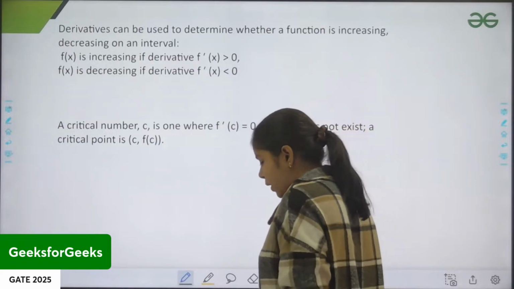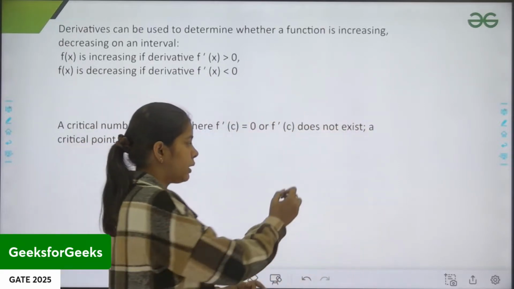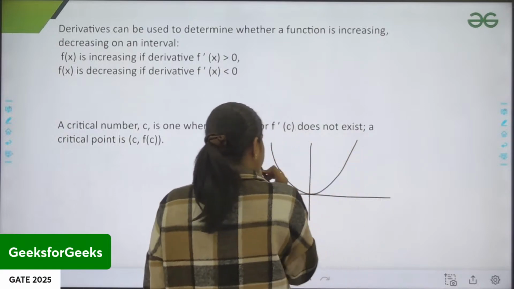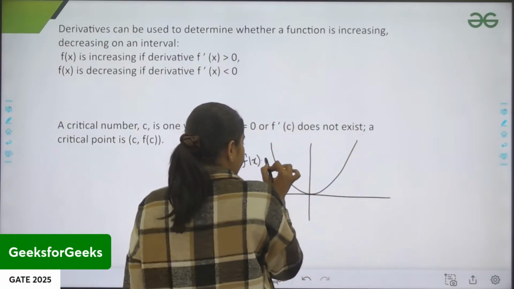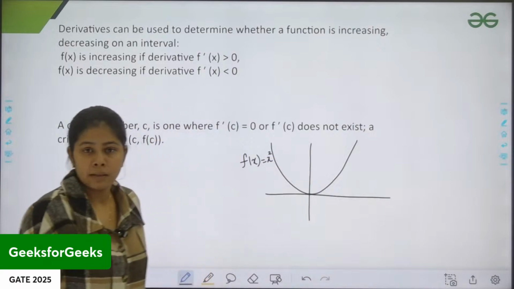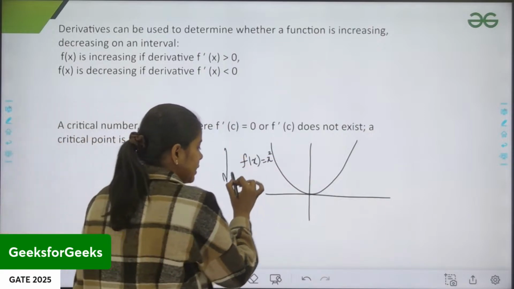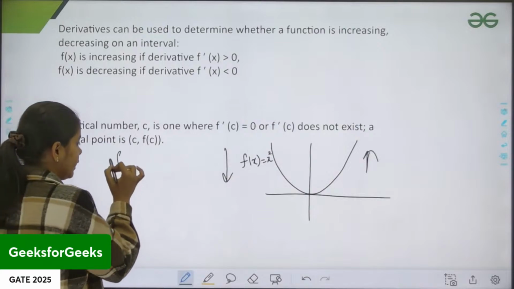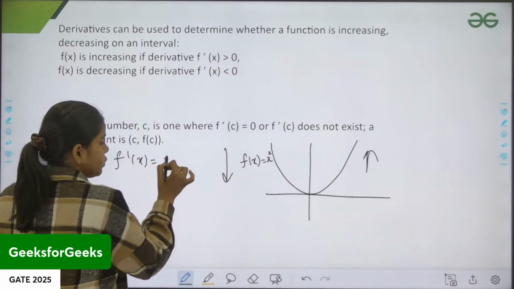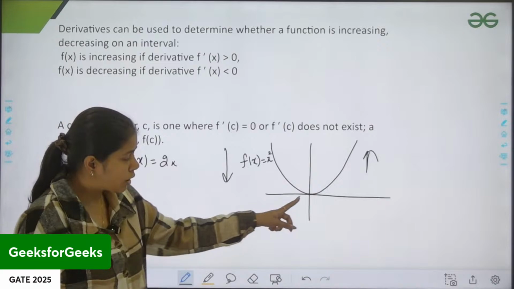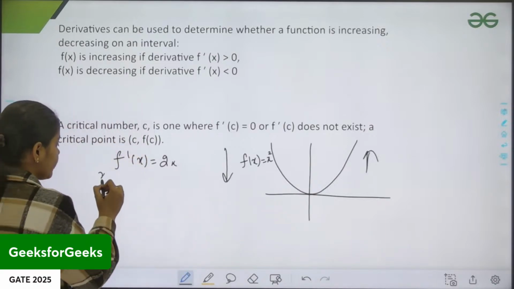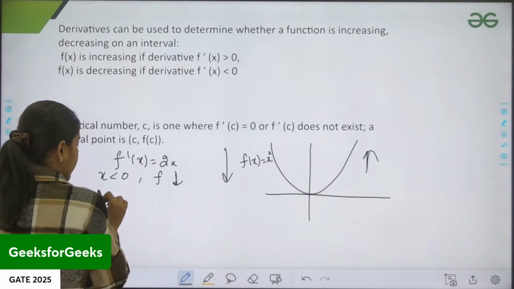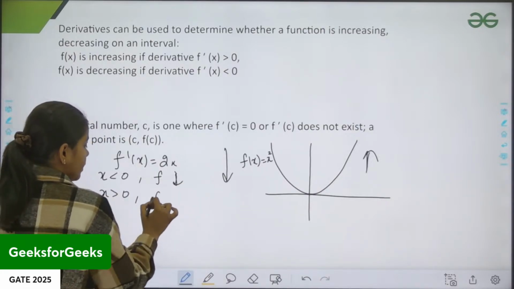Okay, so guys, there is one more point here. I have taken a graph for this function f of x is equals to x square, right? We have seen that here it is decreasing on the left side, on the right side it is increasing. So we have seen that the derivative f dash x is equals to 2x. We have discussed that when x is less than 0, f is decreasing. When x is greater than 0, f is increasing.